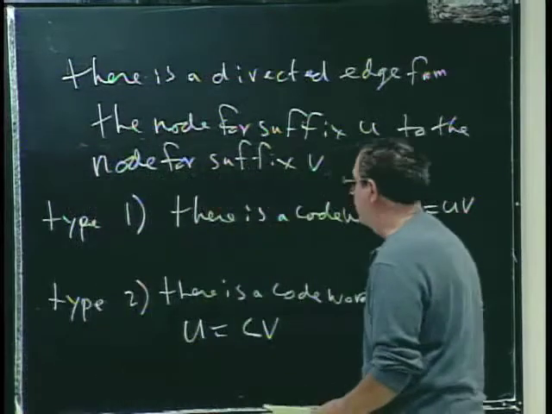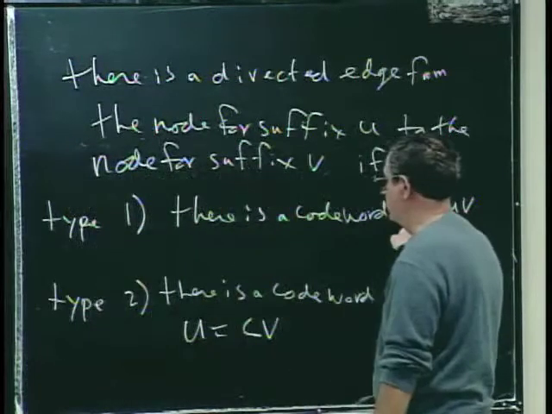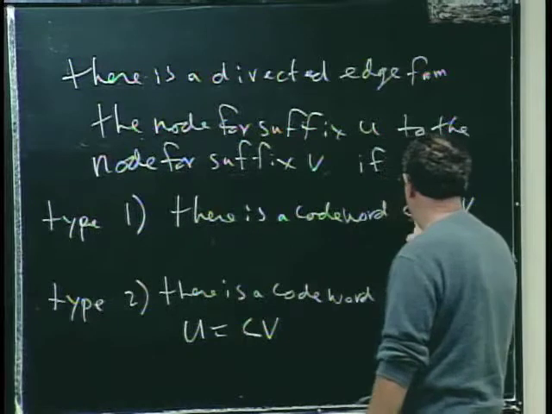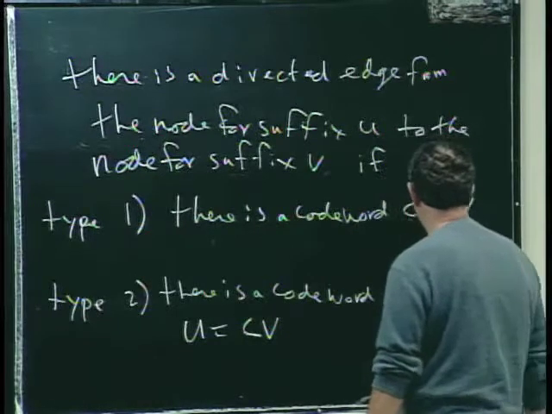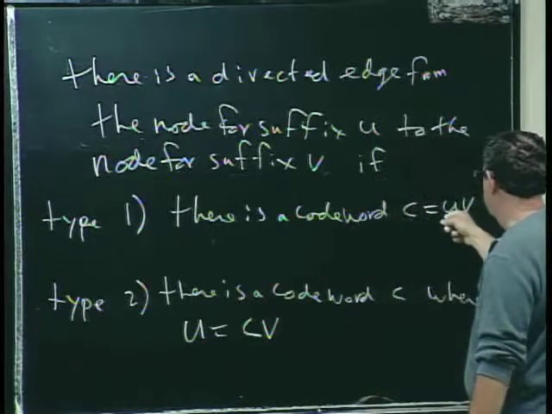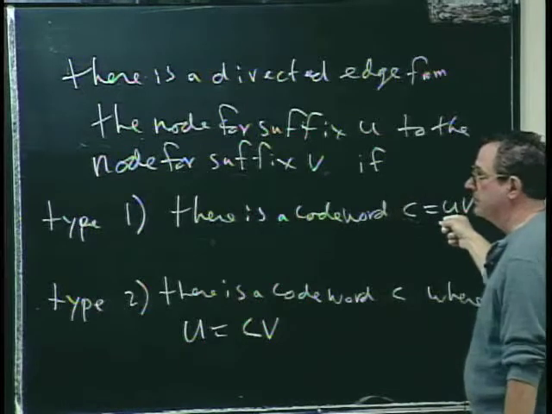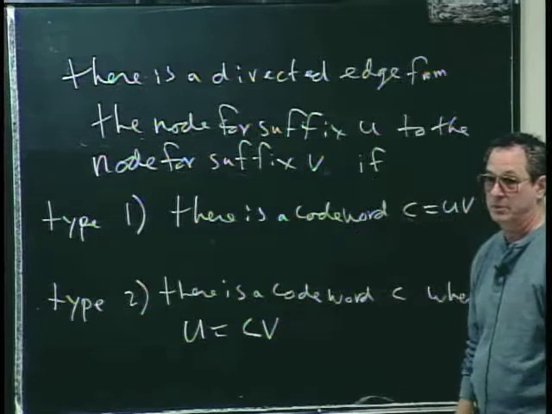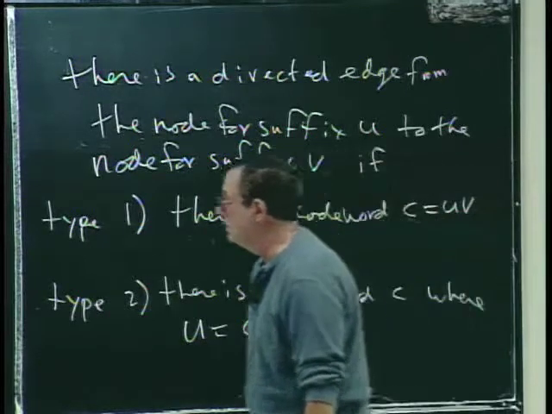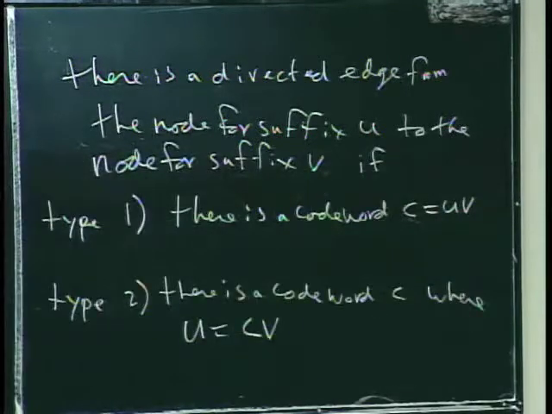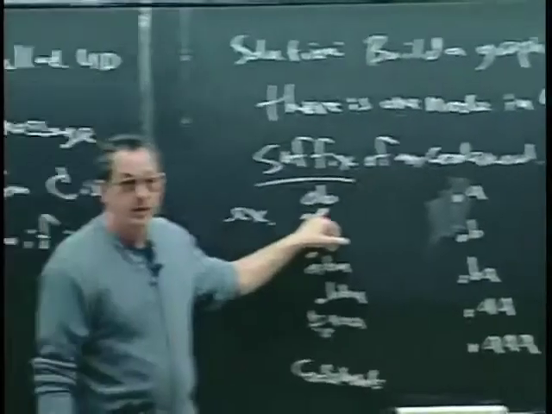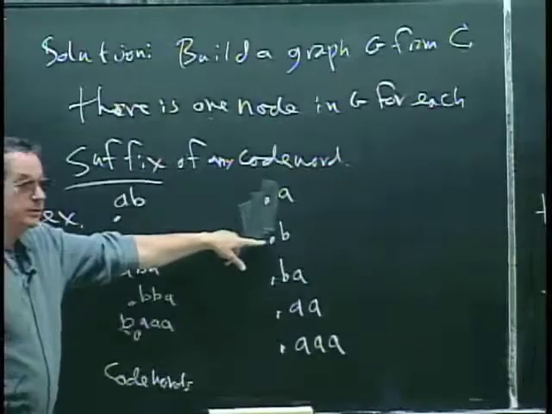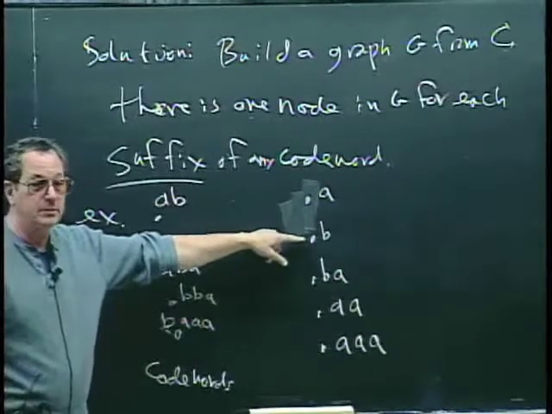So let's see if we can find some type 1 rules. So we're looking for a code word which is equal to one of the suffixes that have been enumerated, followed by a second suffix that's been enumerated. So, for example, AB is a code word. And A is a suffix and B is a suffix. Okay?